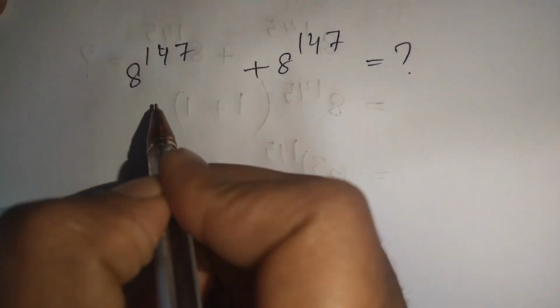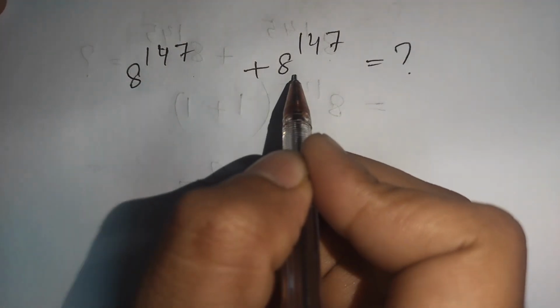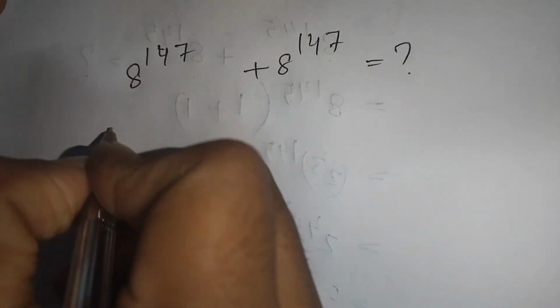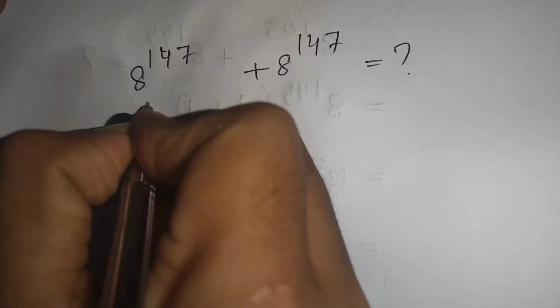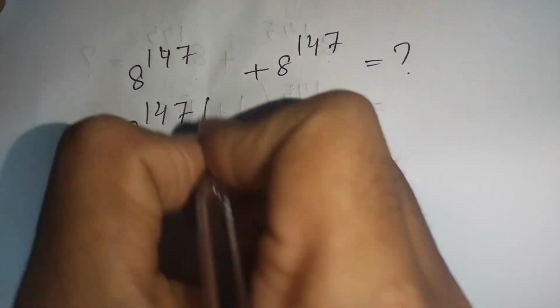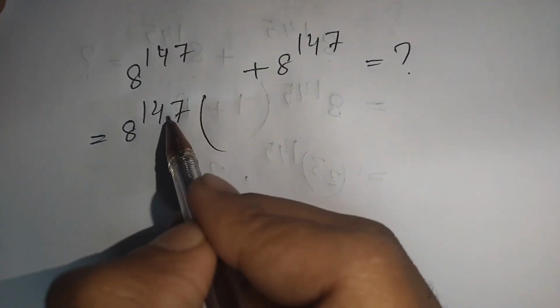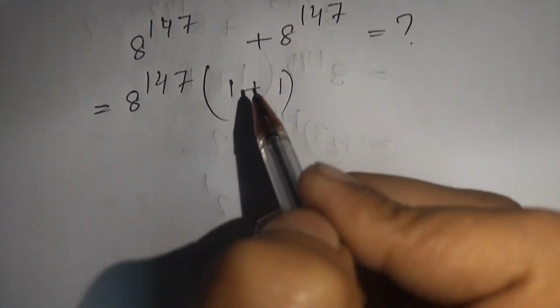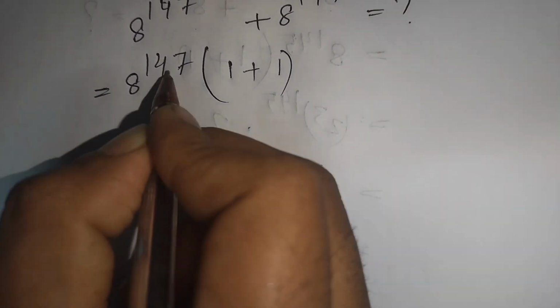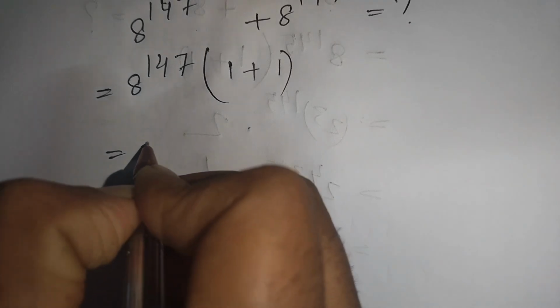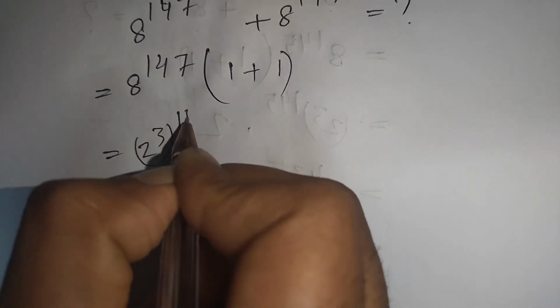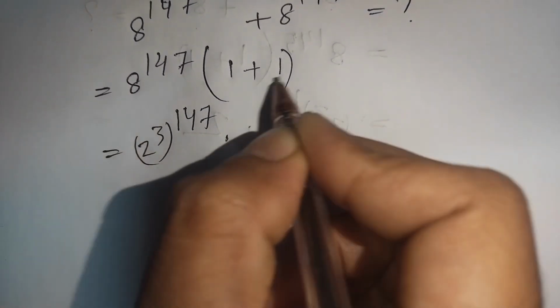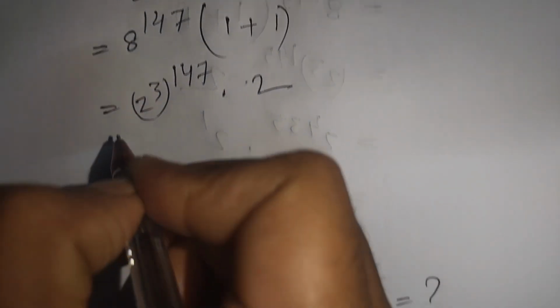How to solve 2 to the power 147 plus 2 to the power 147 is equal to what? At first we take common 2 to the power 147, first bracket start, this divided by this, that means 1, plus this divided by this, that means 1. Now 2 to the power 147 times 1 plus 1, that means 2.